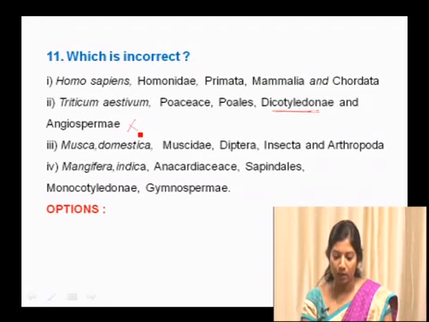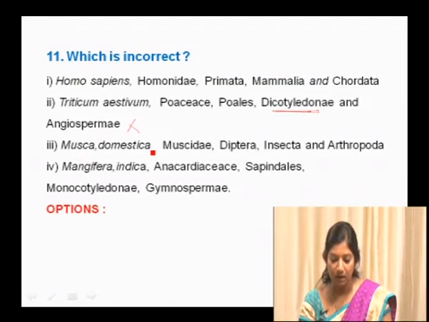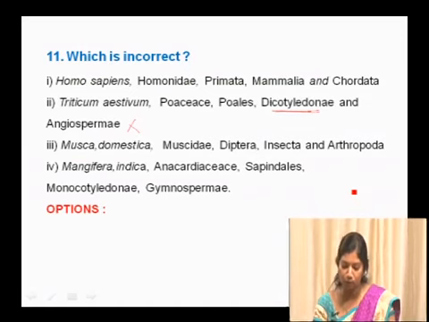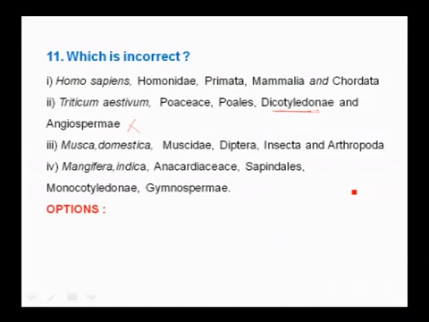Now the next one, Musca domestica, then Diptera, Insecta, Arthropoda, all these are the right taxa of this particular organism. If you observe Mangifera indica, that is mango, the option shows a misleading one over here, which is monocotyledon.